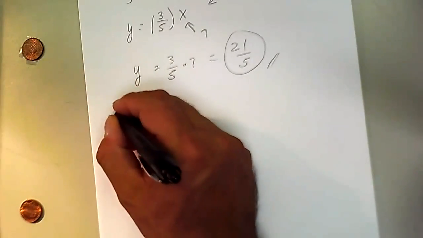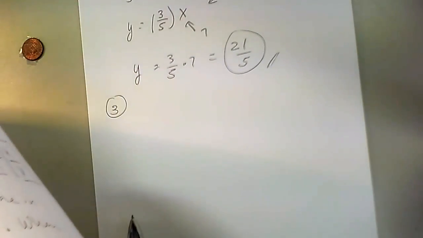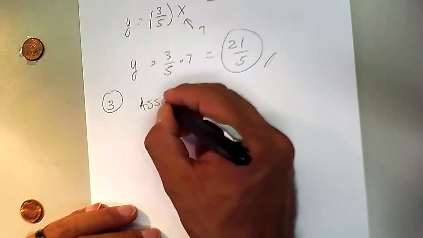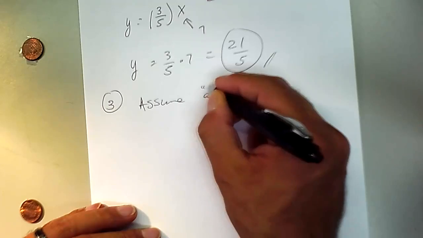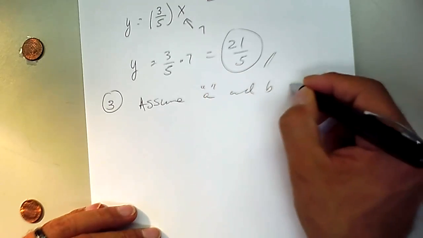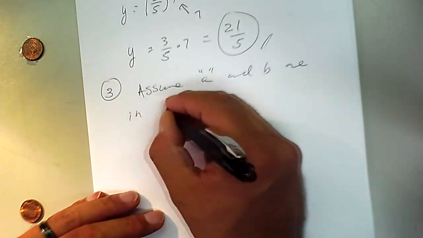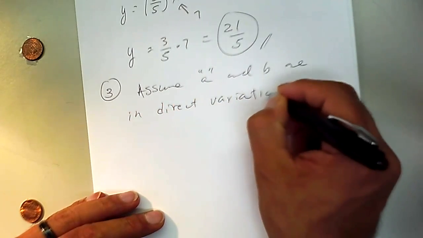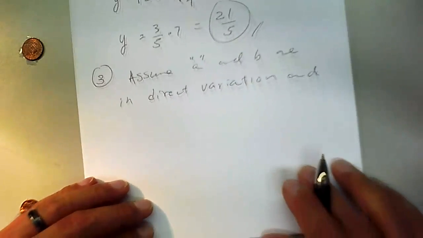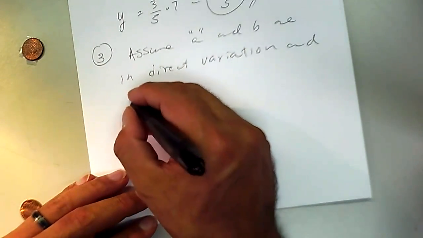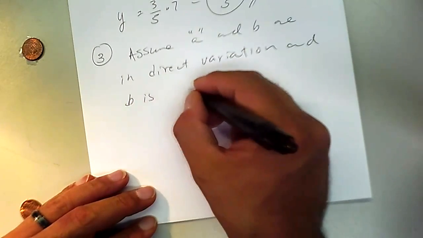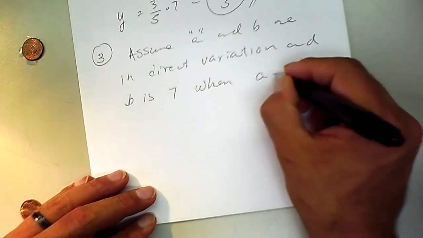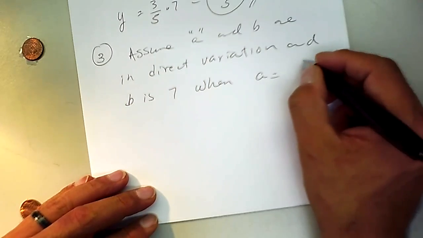Example 3. Okay, so assume A, the letter A, and B are in direct variation, and B is 7 when A equals 5.